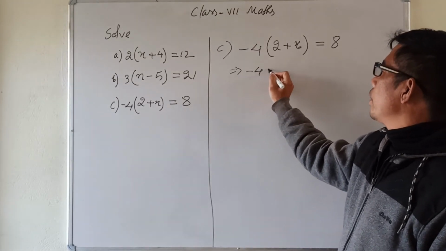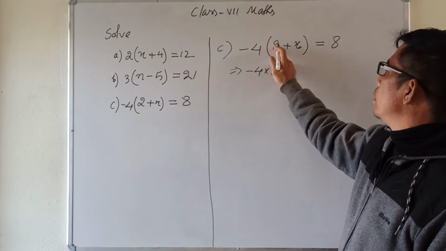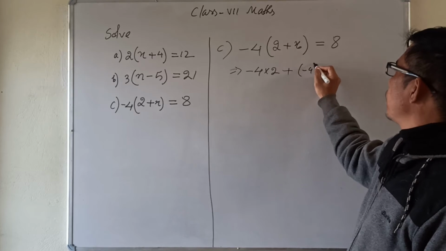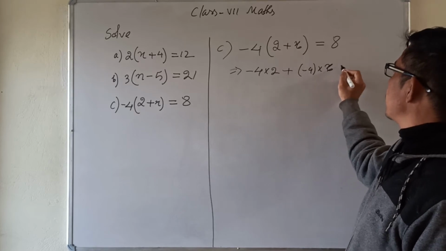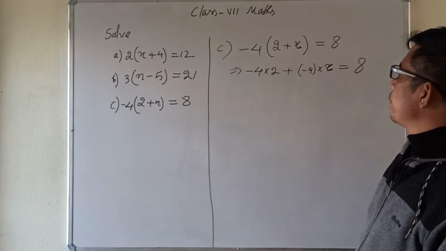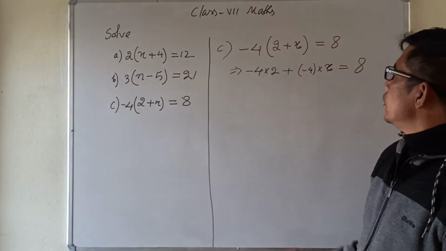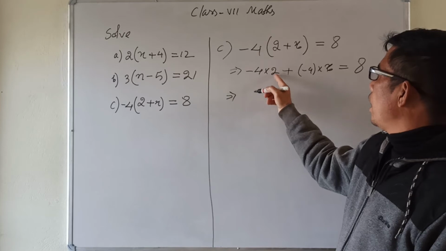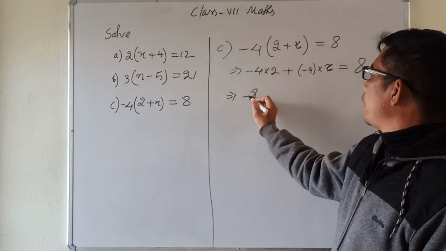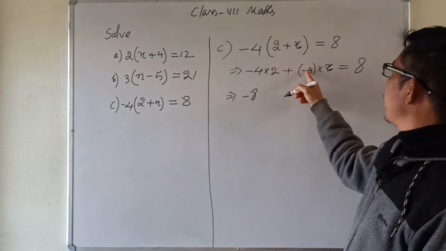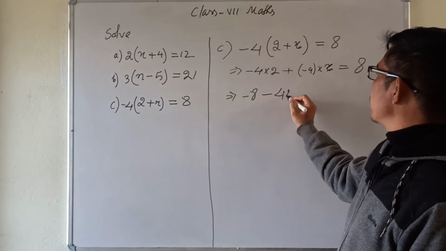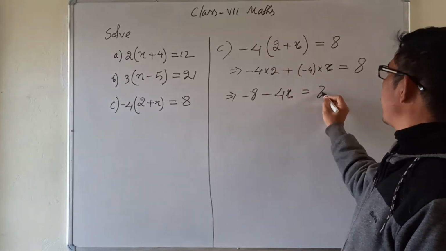So minus 4 into 2, then plus minus 4 into x equal to 8. 4 2s are 8. Minus. Plus minus minus. 4 into x, 4x equal to 8.